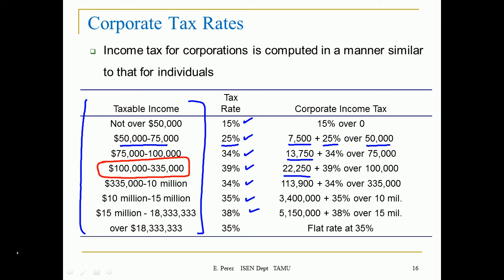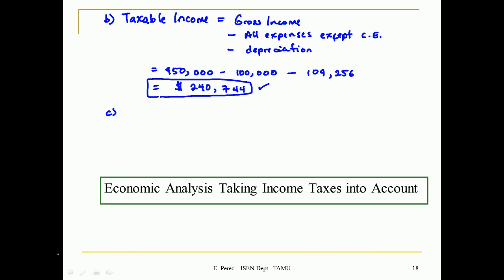So you're going to have to pay $22,250 plus 39% over the $100,000 in corporate income tax. So let's go back here. For letter C, we have $22,250 plus 39% times your taxable income over $100,000, and that will be equal to $77,140.